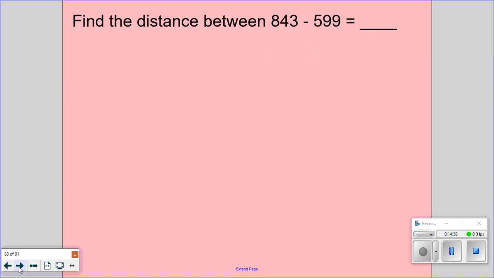Let's try another one. Write that equation down. Just the equation. We're going to find the distance between those two numbers. If I'm finding the distance, it makes sense. Put it on a number line.